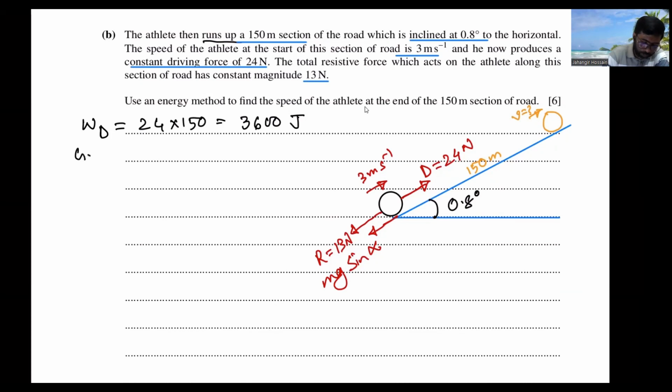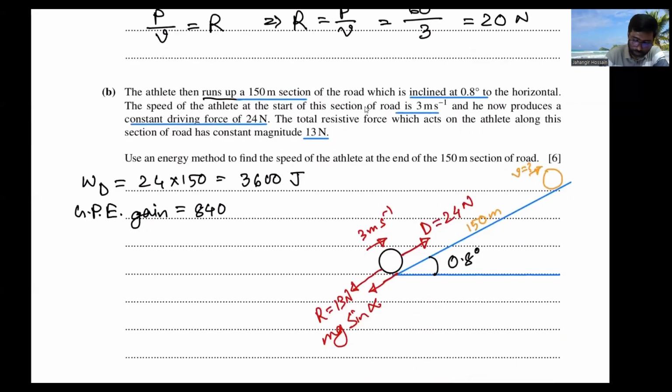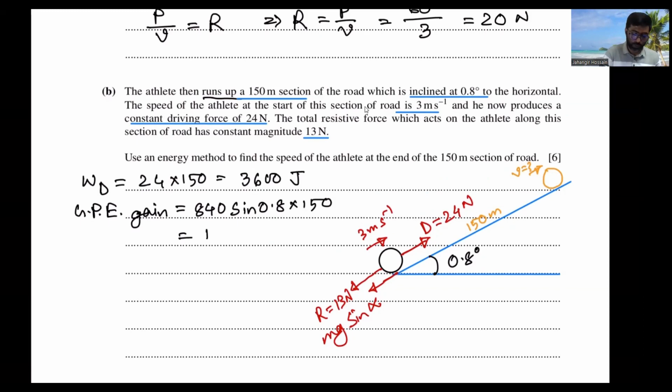Then GP gain, since it is ascending, it will gain GP. GP gain is mg sin alpha into 150. That is 840, mass is 84 kg, 840 sin 0.8 into 150. That is 849.8 into 150, that is 1759.2 joule.